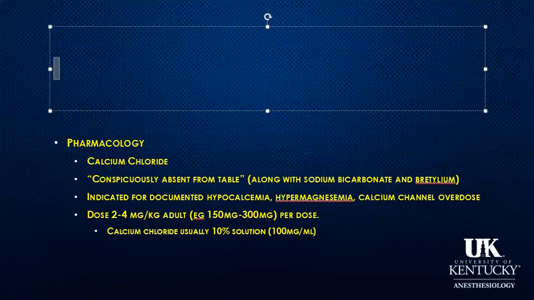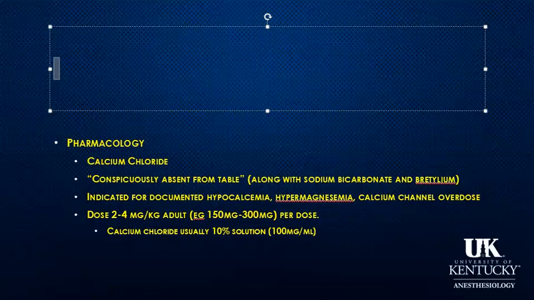The use of calcium as a resuscitative agent has fallen into disrepute, and it is conspicuously absent from the table, along with sodium bicarbonate and beryllium. The indicated use of calcium includes hypocalcemia, hypermagnesemia, and calcium channel blocker overdose.